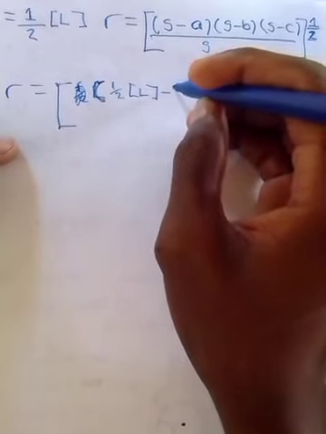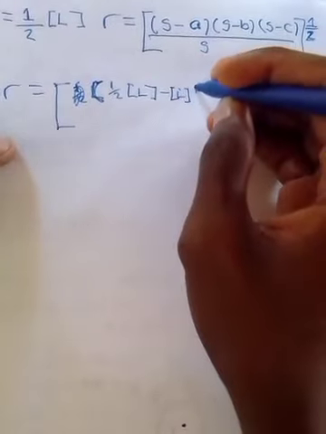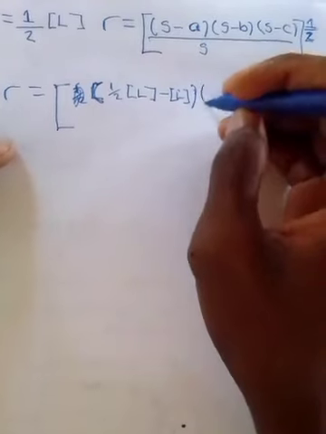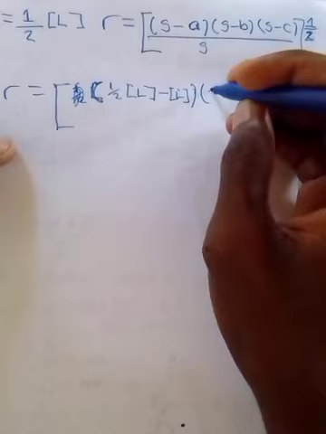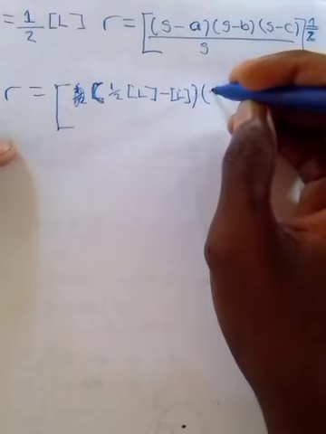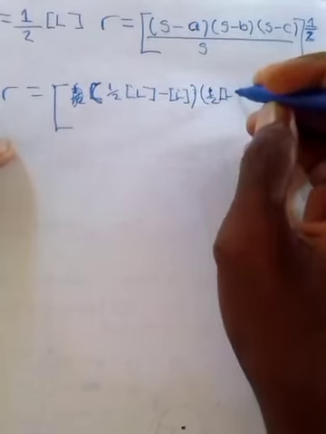And then you do the same for A. You're going to have 1 over 2 the dimension for L, minus, here it still has the same dimension.